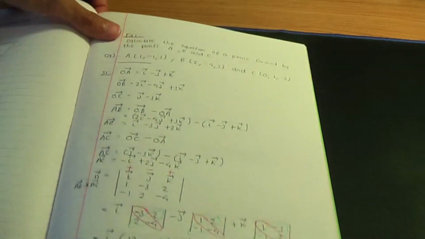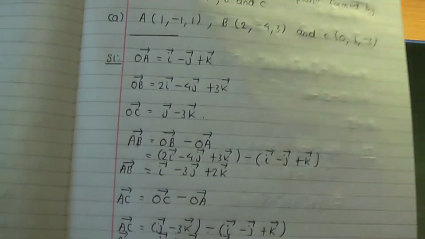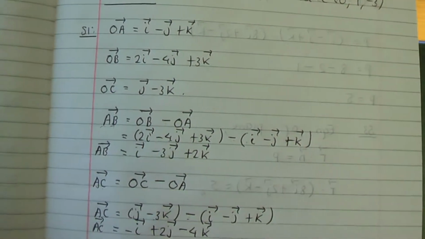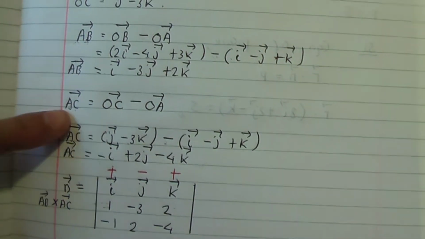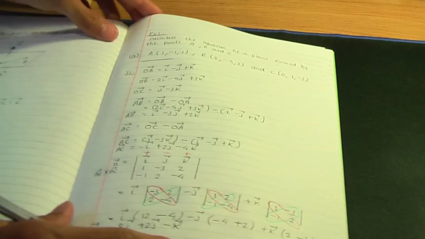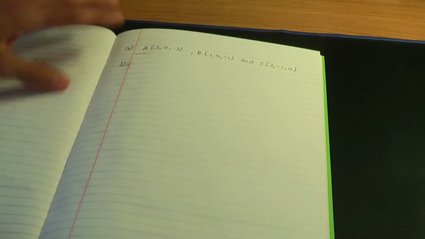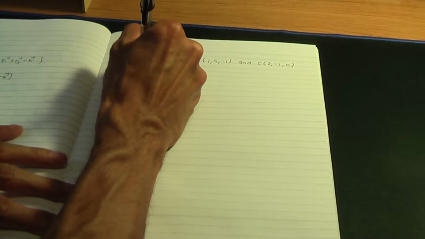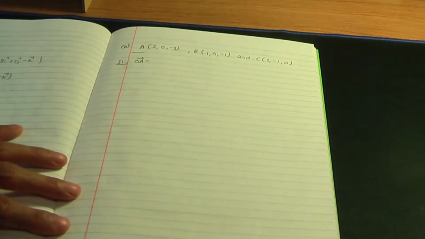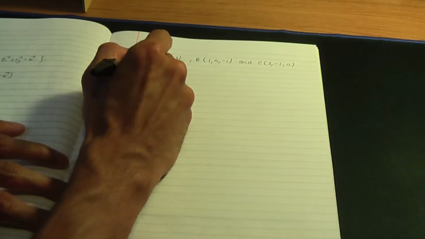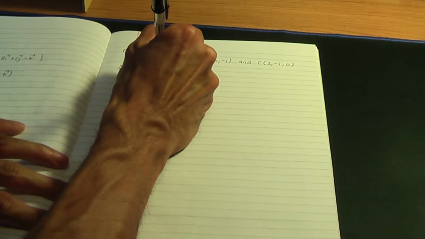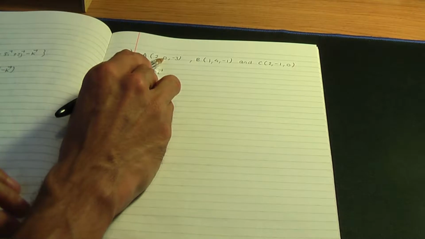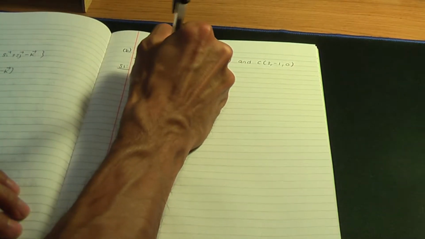So in step number 1, let's remind ourselves. First let's convert them to position vectors in order to work out AB and AC. Okay, so here goes. OA, the position vector of A relative to the origin, from point to vector, is 2i plus 0j minus 3k.